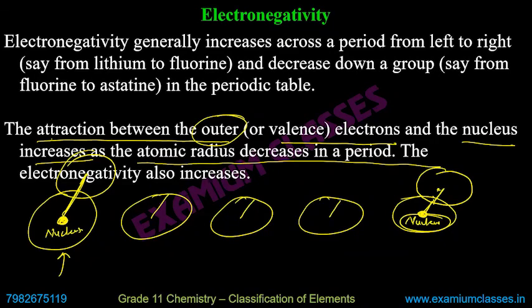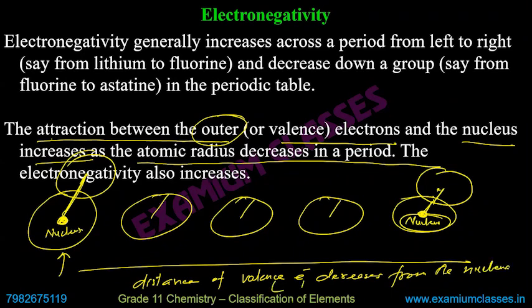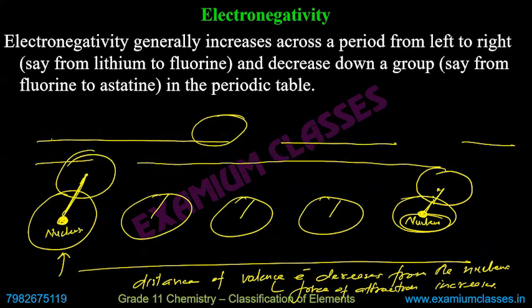We are moving from left to right. The distance of the valence electron from the nucleus decreases. It means the force of attraction increases, and that is by definition electronegativity.